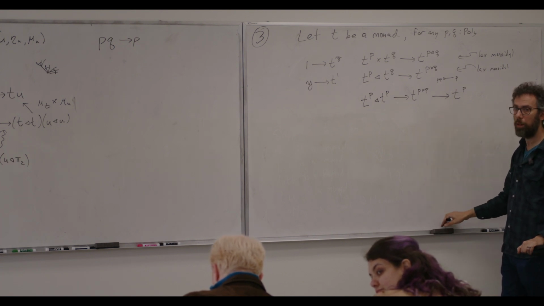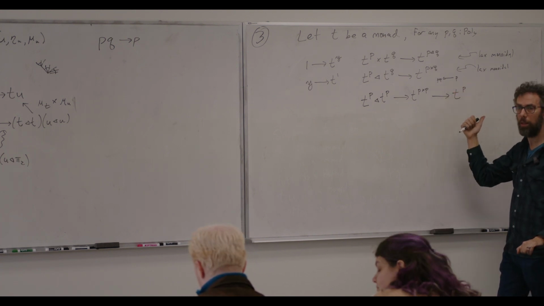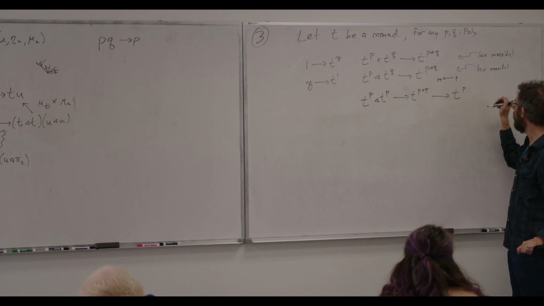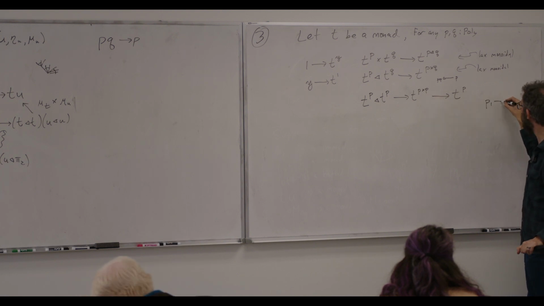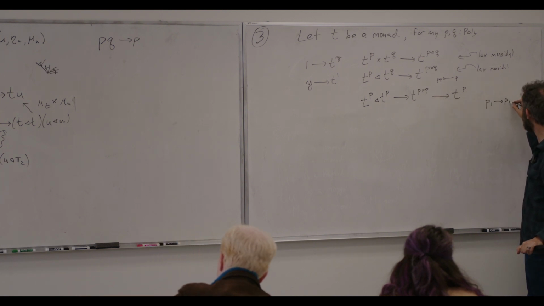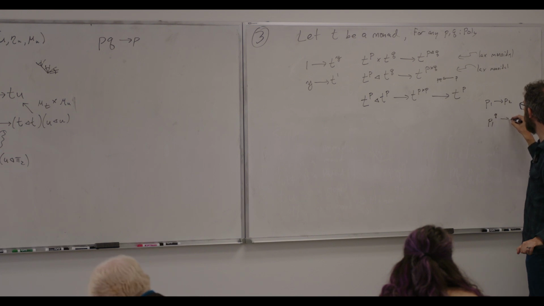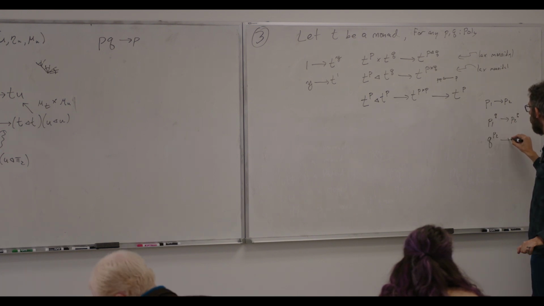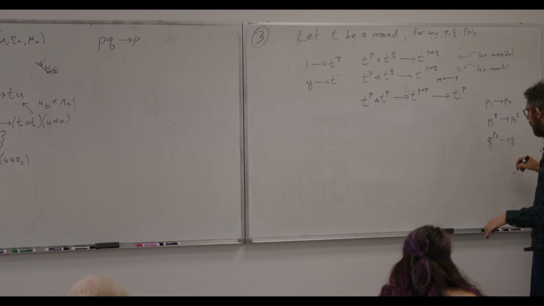But it's going this way. If I have p1 to p2, I get a map p1 to the q to p2 to the q, and I get a map from q to the p2 to q to the p1.